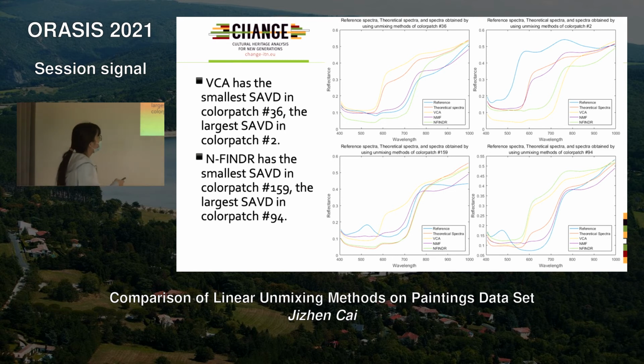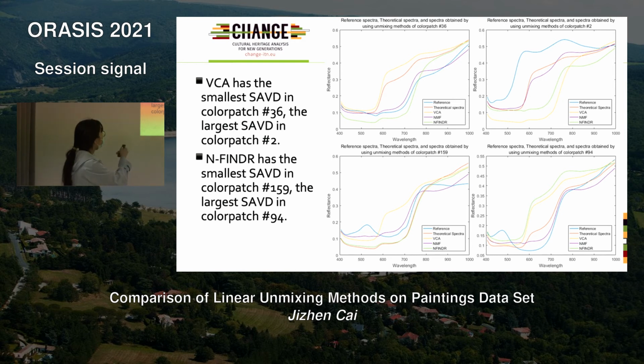From the definition of SAVD, we can say that if for a color patch its SAVD is smaller, that indicates that the abundance estimation is better, and vice versa.